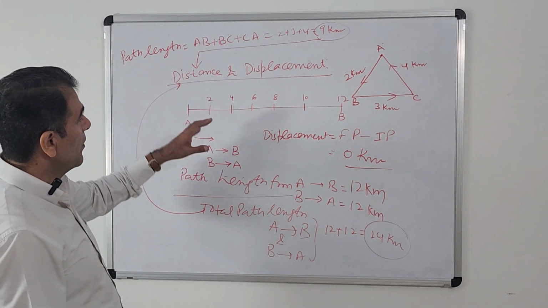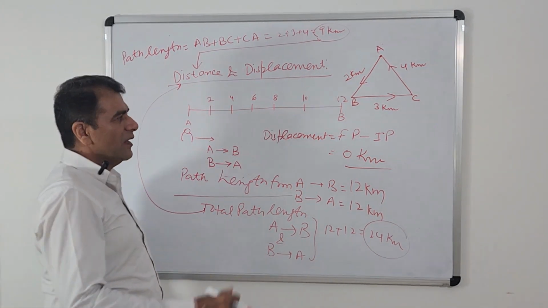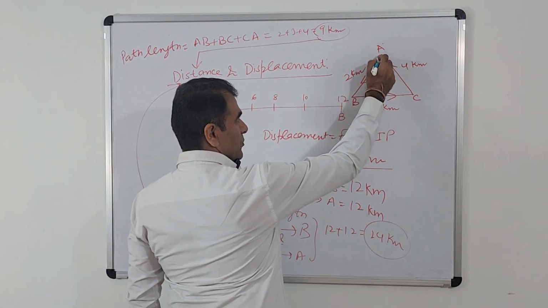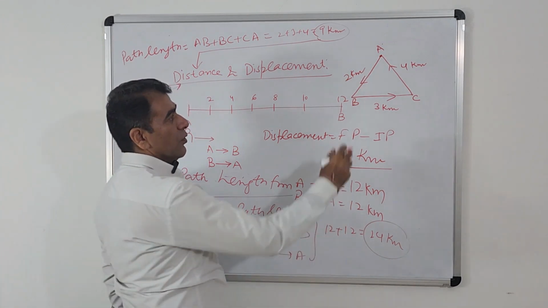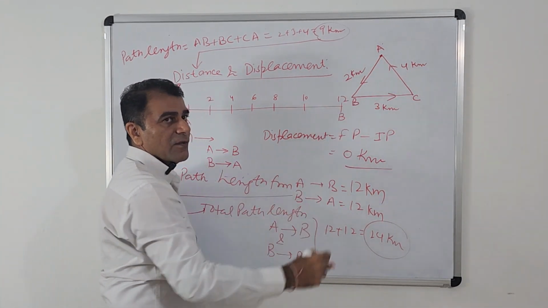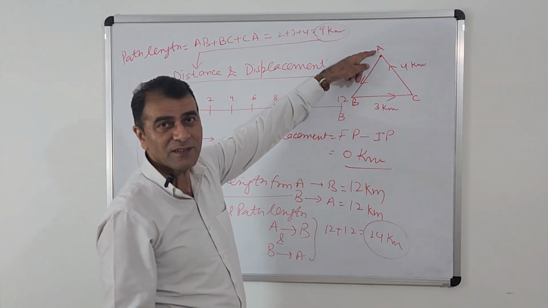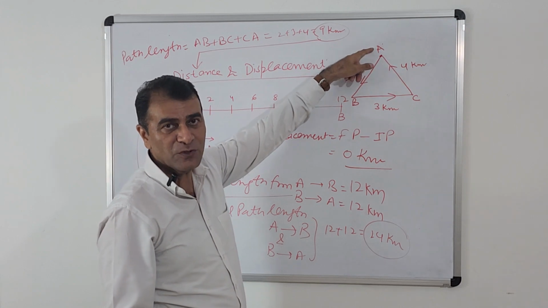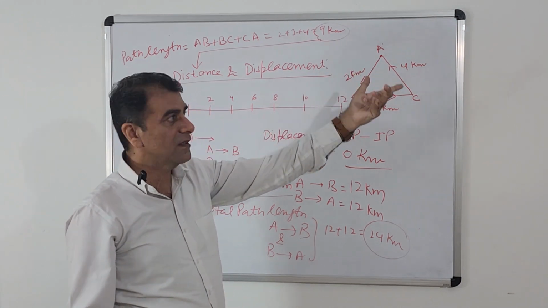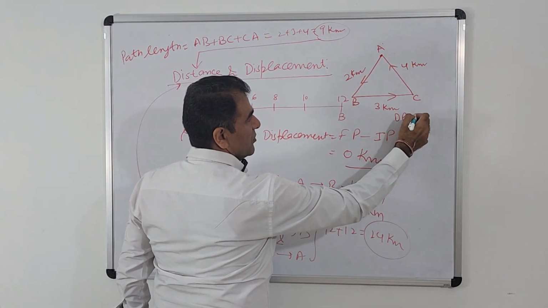Okay? Now what is displacement in this case? Very simple. Person starts from A, goes to B, B to C, then C to A. What is the initial position? A. What is the final position? It comes back to A. So final position is same, A. What is the displacement? Again, displacement is 0.